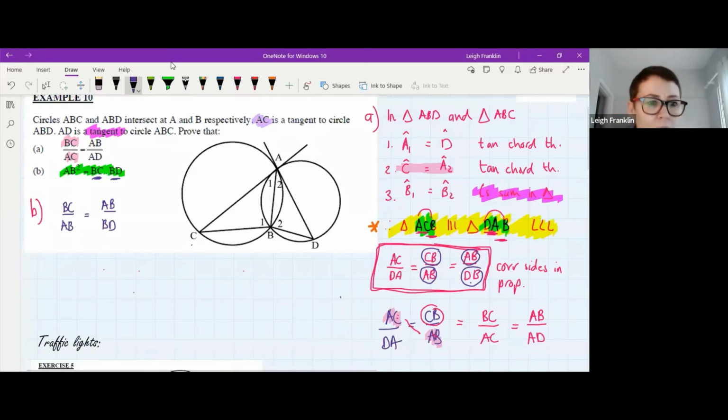When I cross multiply AB and AB, that is where I get AB squared from. Then I cross multiply the other two, that equals BC over BD. Here we can just put proved above. We don't have to rewrite the reason.